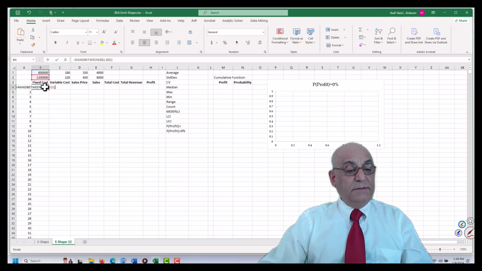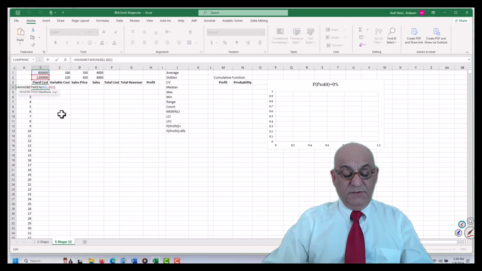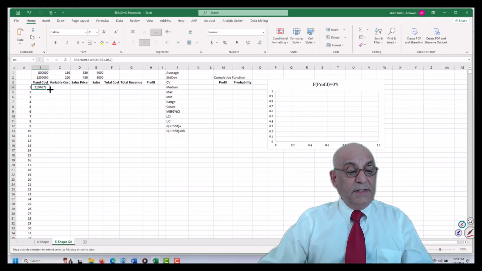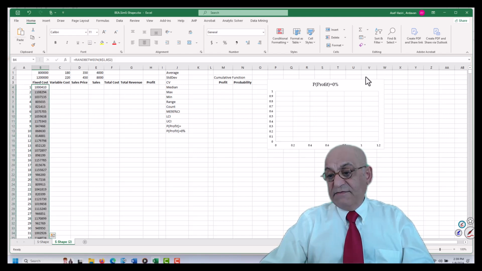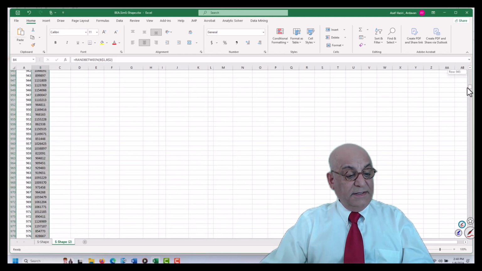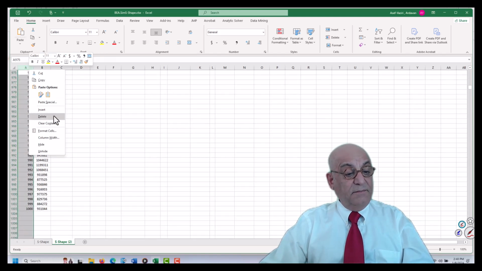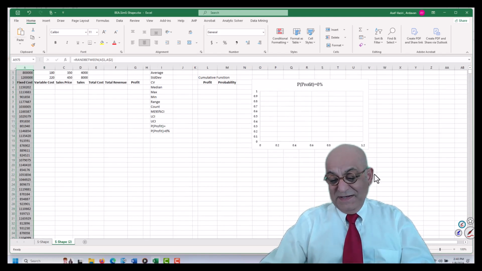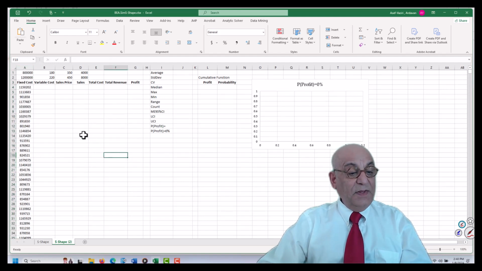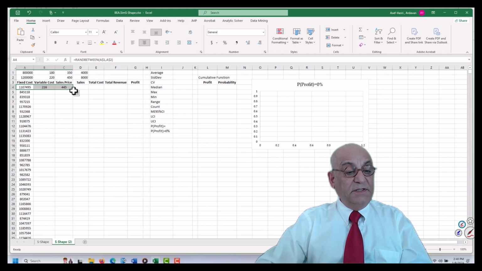That's it. So that is RANDBETWEEN those two numbers. And click. I have generated 1,000 random variables, and I can delete this column. That was just to make that copying down easier. For variable cost, I can just copy this to the right. For price, I can just copy this to the right.